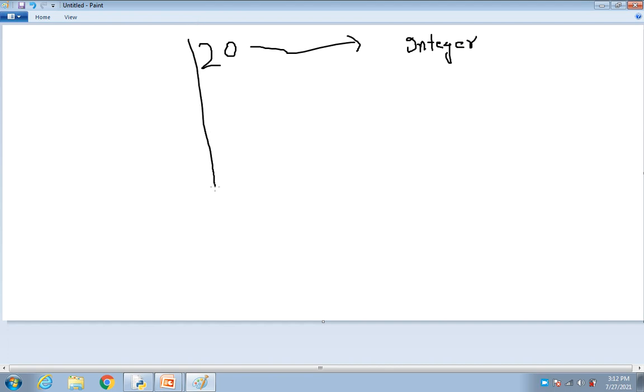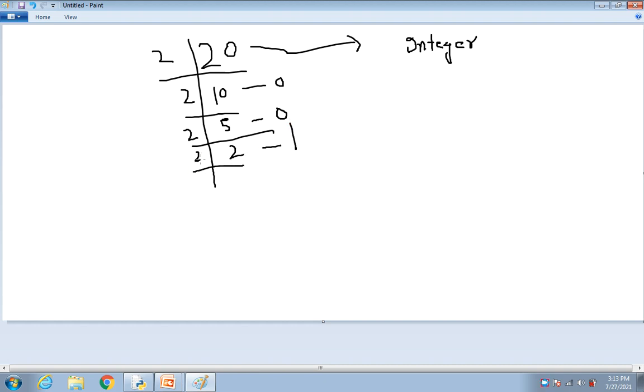We have to divide the number by 2. 2 tens are 20 and the remainder is 0. Again we divide by 2. 2 fives are 10, remainder is 0. 2 twos are 4 and the remainder is 1. 2 ones are 2 and remainder is 0.